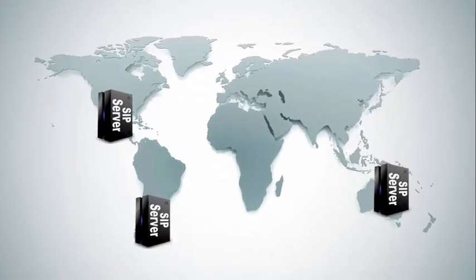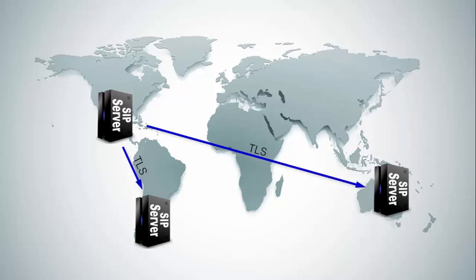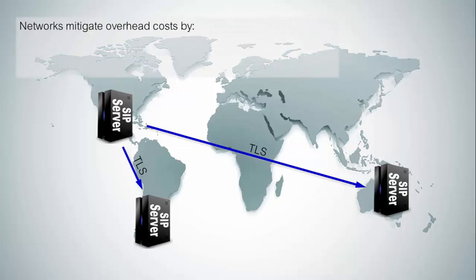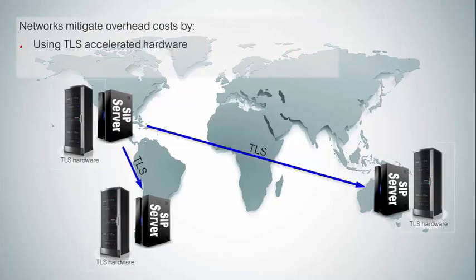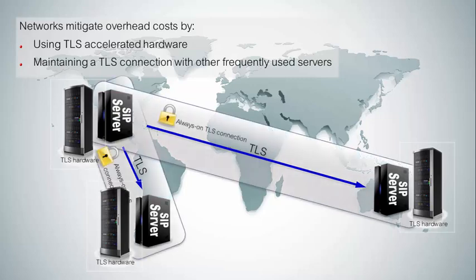So it's best practice to send messages between trusted domains but over untrusted networks using secure TLS, despite the overheads. Many networks these days mitigate the overhead by doing two things: by using dedicated hardware that accelerates TLS negotiation and the TLS encryption, and also by maintaining an always-on TLS connection with partner services, setting up ahead of time that handshake, negating the need to set it up again with every new session.